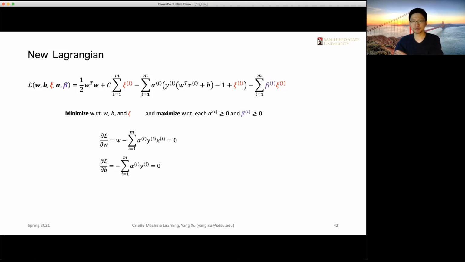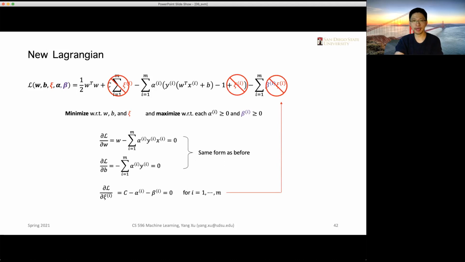We take the derivatives with respect to w, b, and psi, and we make them 0, and substitute them into the original Lagrangian term, which will eliminate most of the terms that we don't want. Which means the psi's are gone.